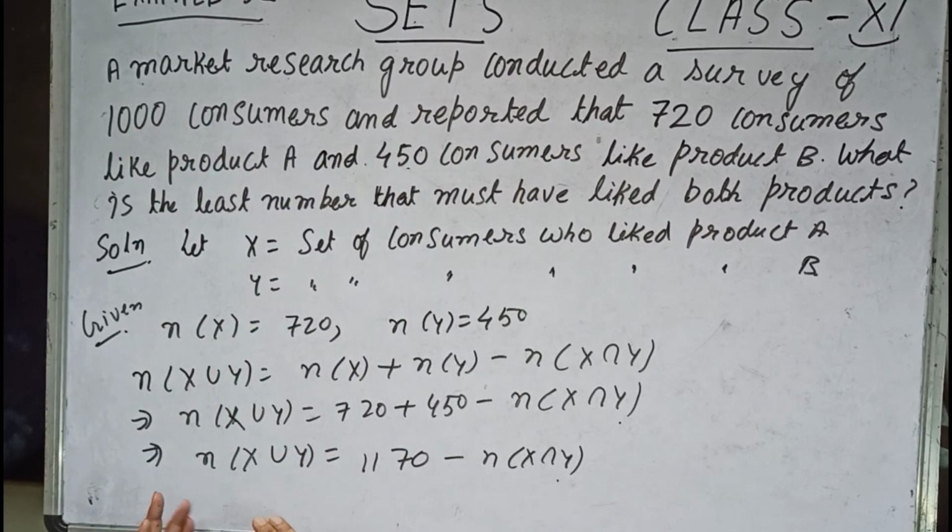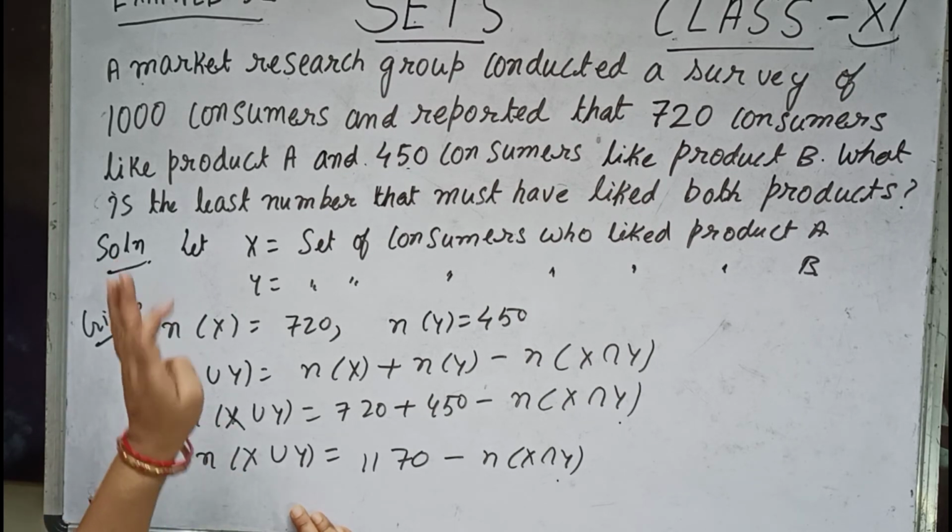So maximum value of X union Y can be 1000. It may be less than 1000, but its maximum value is 1000.